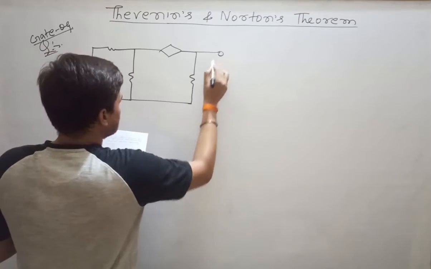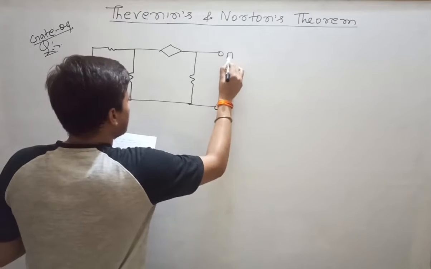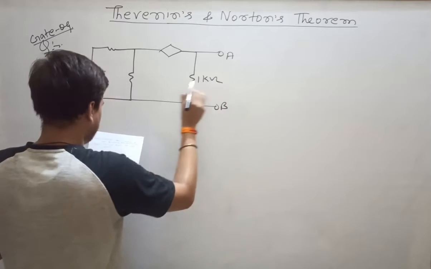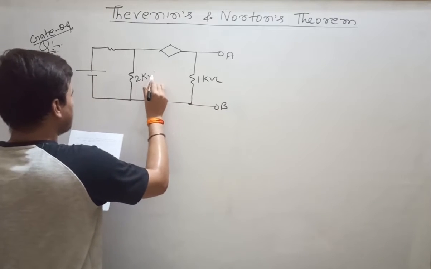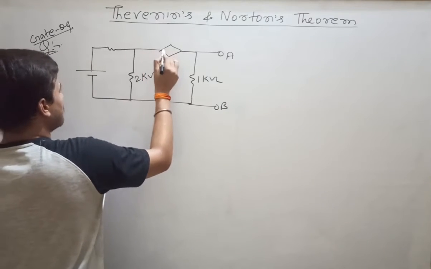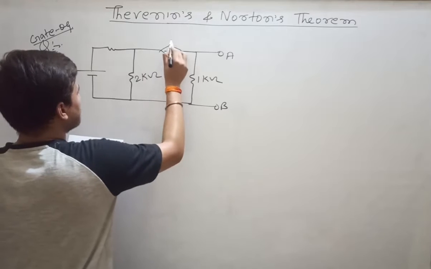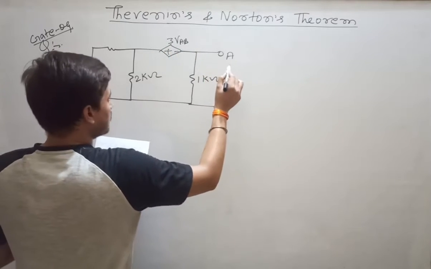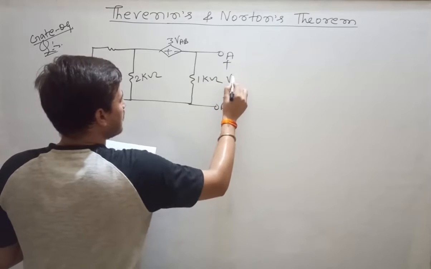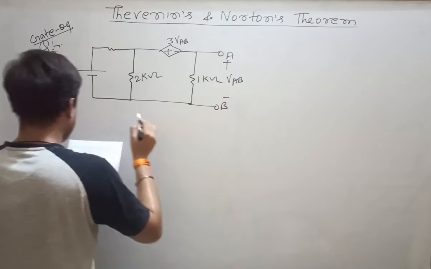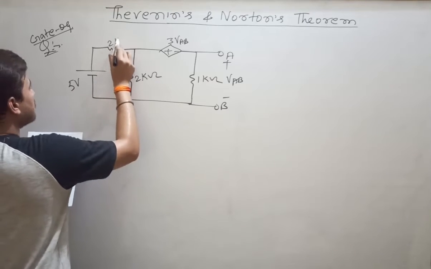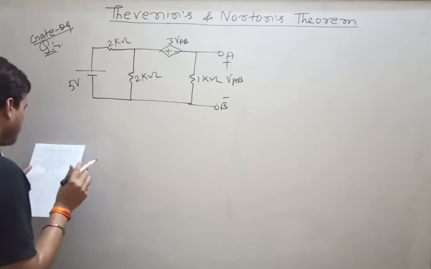This is A and B. This resistance is 1 kilo ohm. This resistance is 2 kilo ohm. This is plus minus 3 VAB. This is plus minus VAB. This is 5 volt. This is 2 kilo ohm. This is 2 kilo ohm.